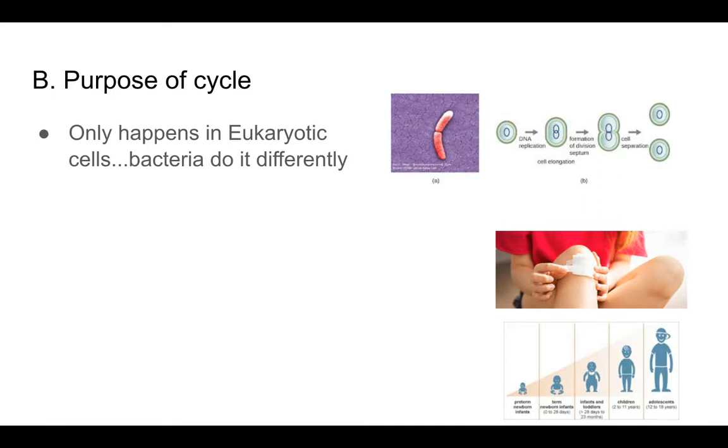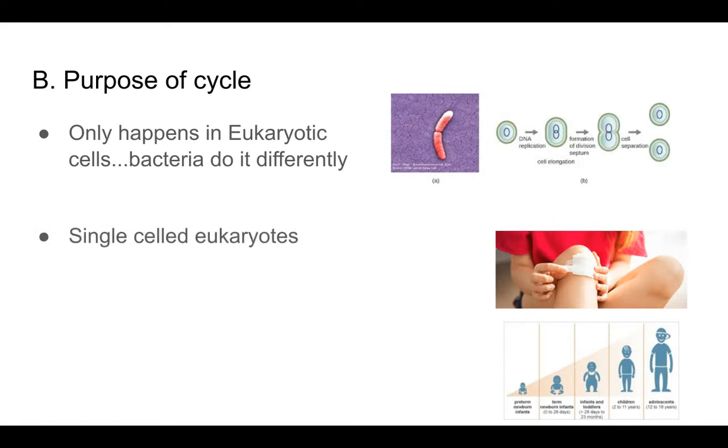It's very simple. We talked about it a little bit when we talked about the difference between prokaryotic cells and eukaryotic cells, but I wanted to remind you that everything that we're discussing is really exclusive to eukaryotic cells. That's plants, animals, protists, and fungal cells.